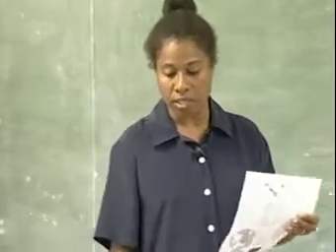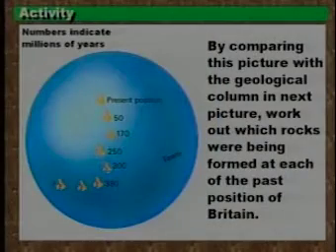So if you go back to looking at that particular information as shown on our monitor, you will see the different years showing us the position of Great Britain at the different times. Those years are shown in millions of years, so from 380 million to present.